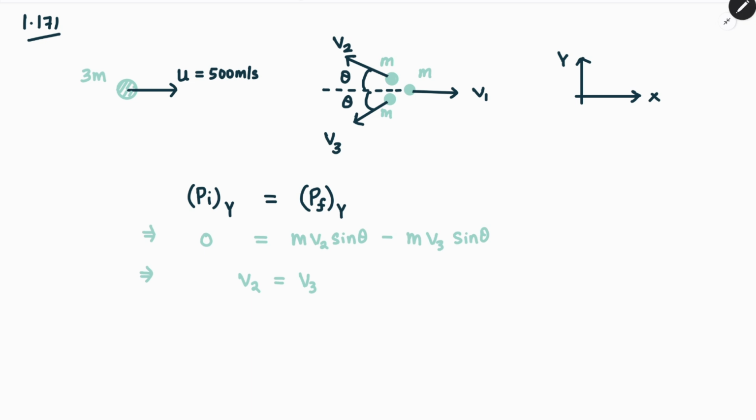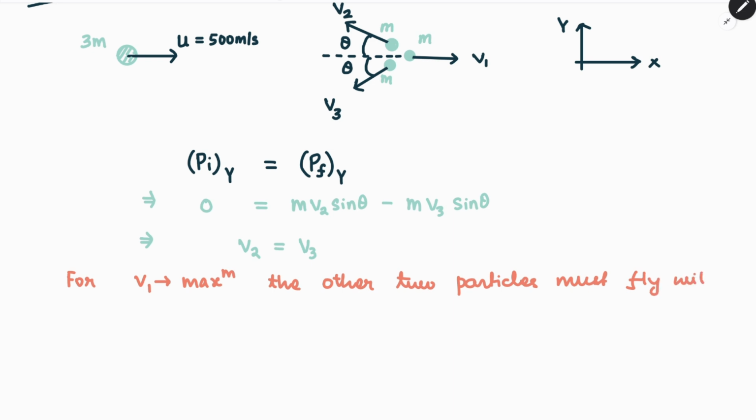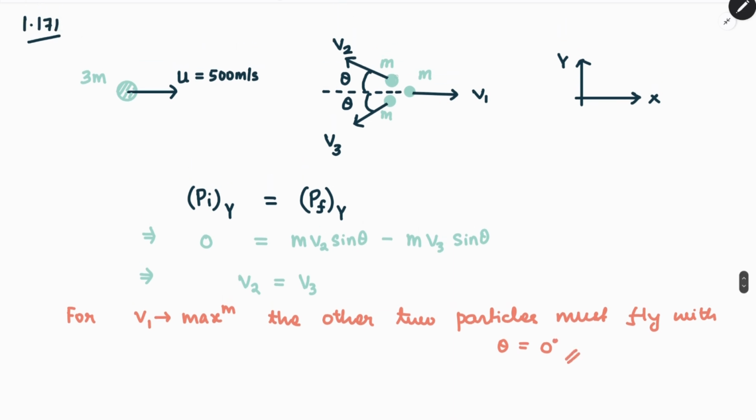Now one more important aspect which must be kept in mind is that for v1 to be maximum, which is the need of the question, the other two particles must fly in the backward direction, with theta being 0 degrees. So there is no y-axis motion.